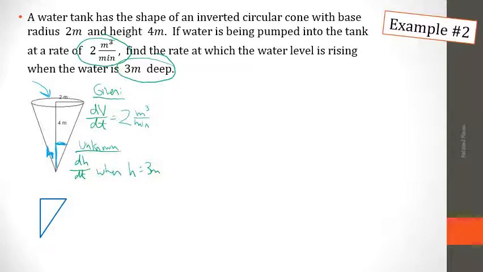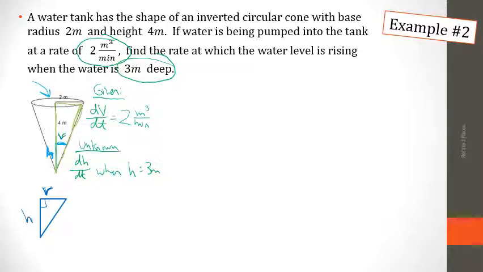The water height here is h, and we have r, which is this radius. And it's a right triangle. And then we also have the larger right triangle right here with 2 meters and 4 meters.